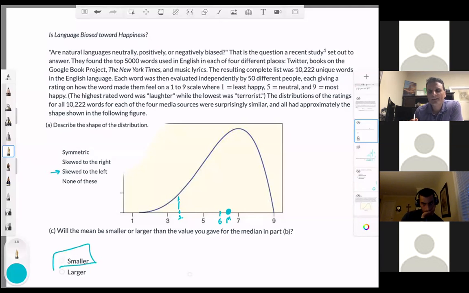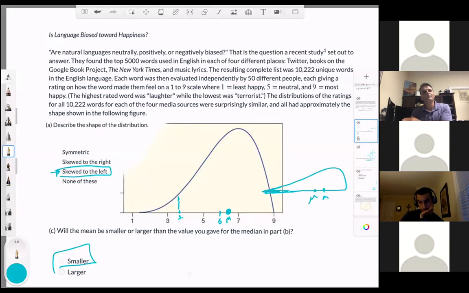We had one example like this about a week ago. When they say skewed to the left, you can visualize something like this, correct? When it goes to the left, if that's the median, the mean is going to be less than that. If it's skewed to the right, the mean is going to be more than the median.